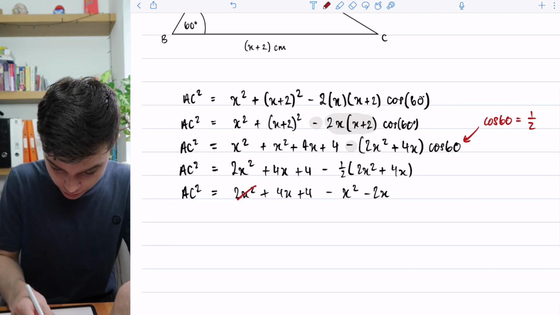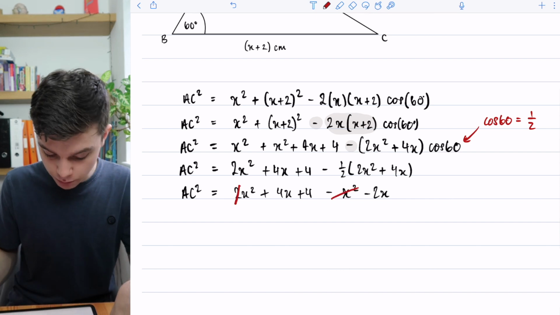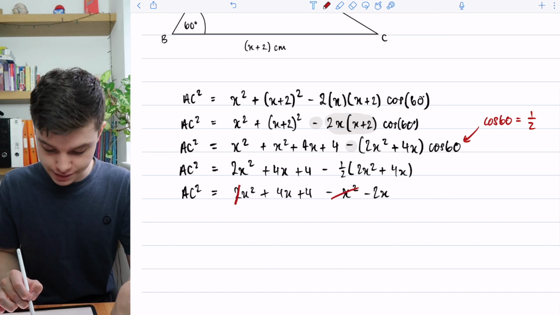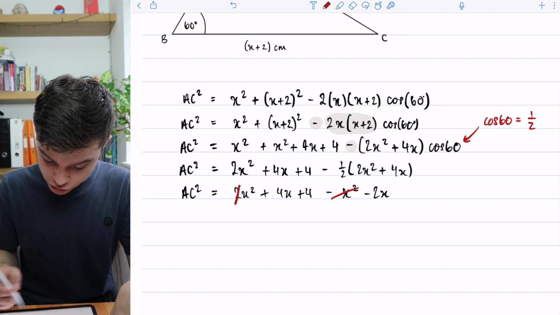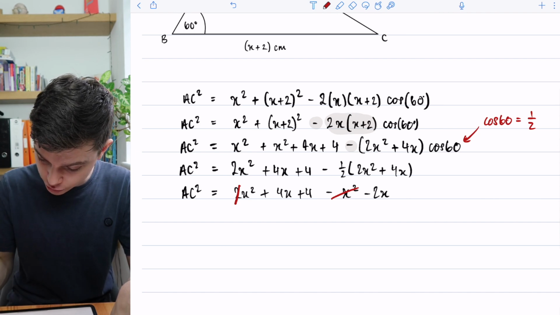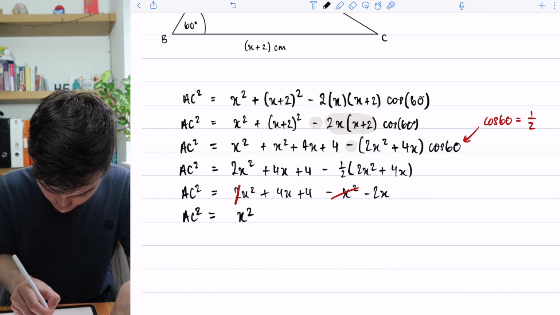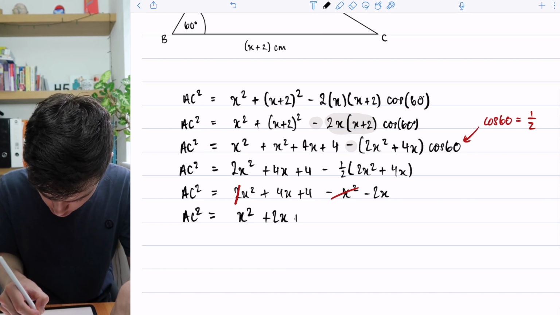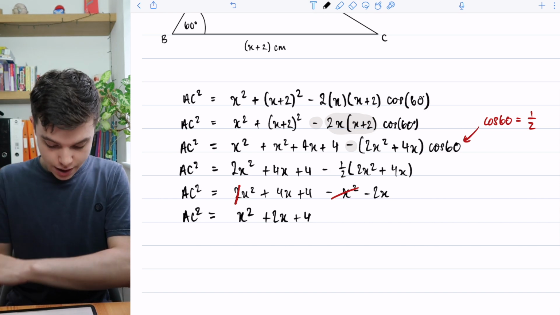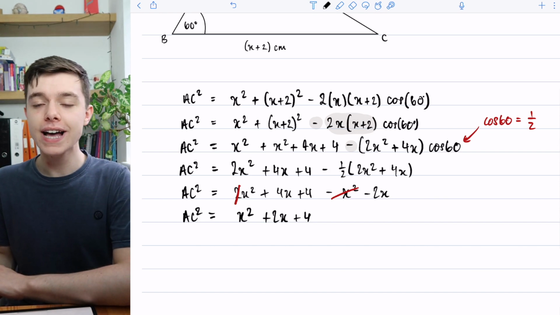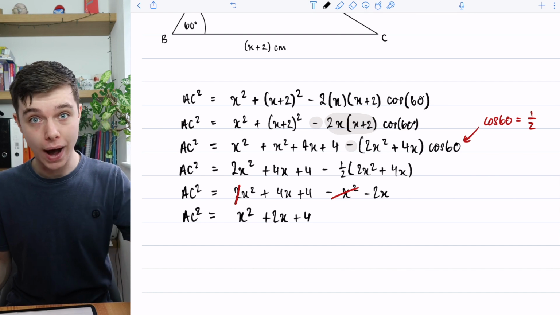That will cancel just that 2 with that one there. We've got 2x squared minus x squared. 4x minus 2x will give me 2x and then the plus 4. So let's write that down. We'll have x squared plus 2x plus 4. So in terms of x, that's what AC squared is.